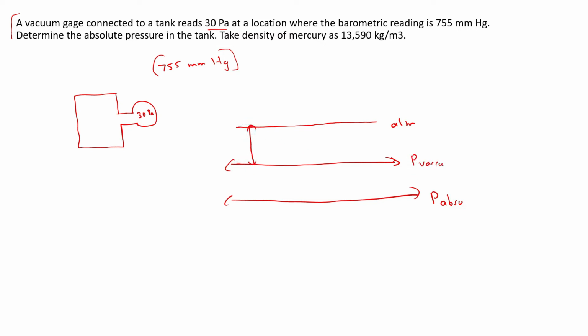Vacuum pressure measures the pressure below the atmosphere. So you need to calculate the absolute pressure. Atmospheric pressure is given as 755 millimeter mercury, and this is given as 30 Pascal.